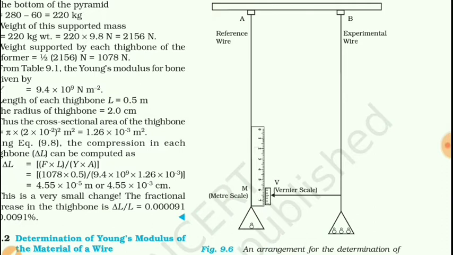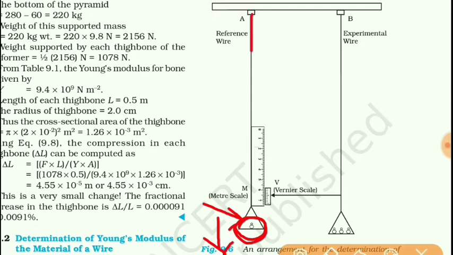Now here in this reference wire some weight is placed inside a pen, and due to that there will be a force in the downward direction, and as a result this reference wire will remain stretched, meaning it will remain straight.